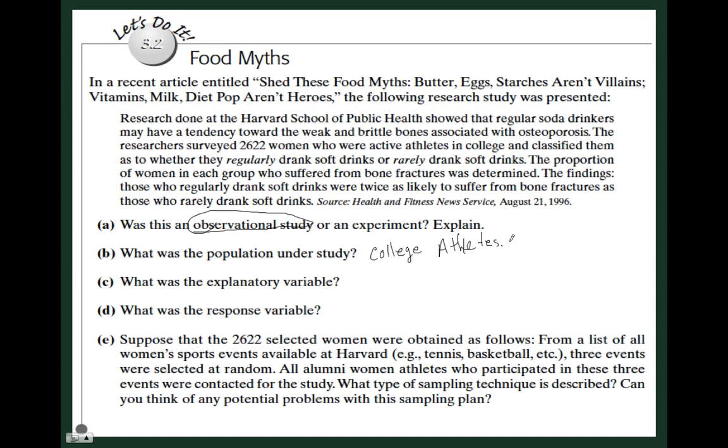The other thing that we want to be paying attention to here is that this sample consisted of all women. So actually, the population being studied here is pretty narrow. We're talking about women college athletes.